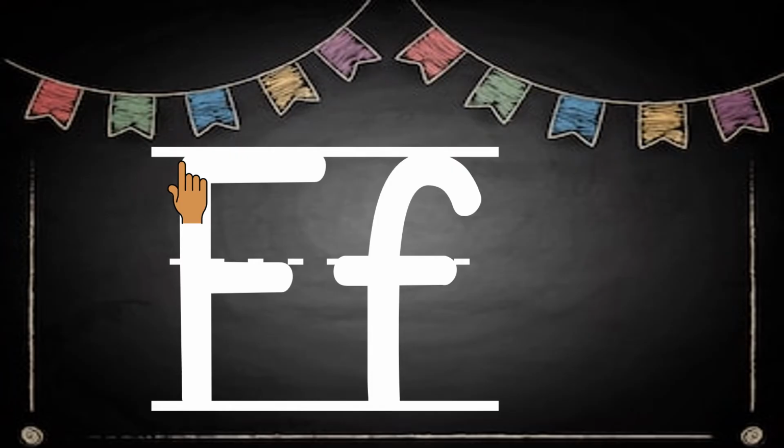Let's practice our skywriting now. Let's get our fingers straight up into the air and ready to write. We're going to start with capital F. So we're going to start at our very top line and go straight down to the baseline. Then we're going to go back up to the top line and go across.